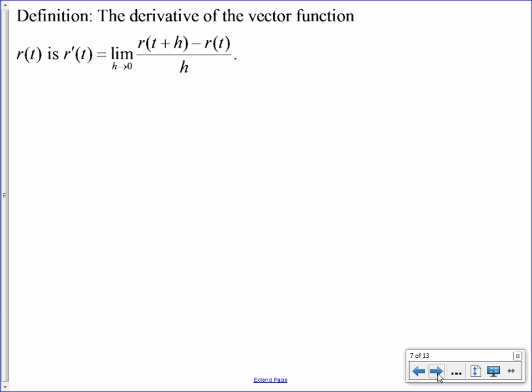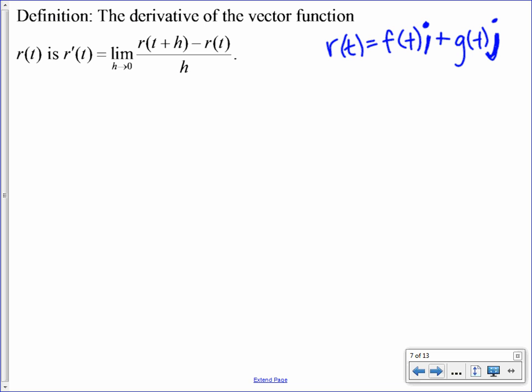So up here, you notice that this is the definition of a derivative. So let's figure out what the derivative of r of t is. I'm going to define r of t to be f of t i plus g of t j.